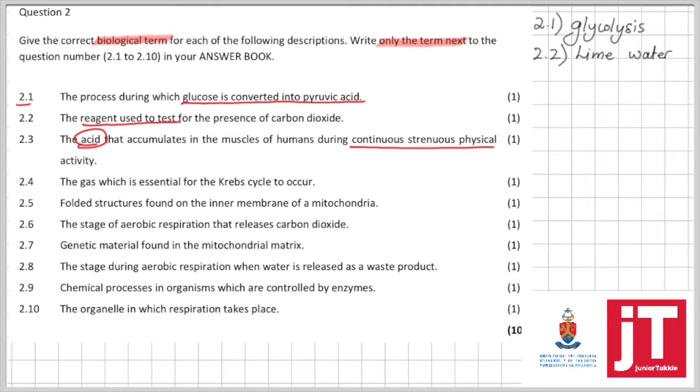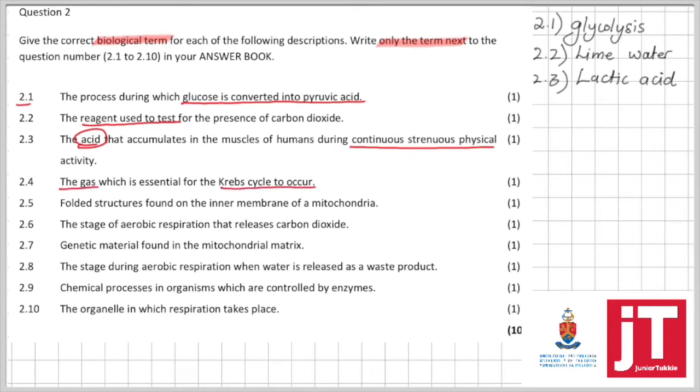In our study of cellular respiration, lactic acid is the product of cellular respiration when not enough oxygen is present. So you'll know that in anaerobic respiration, the product is lactic acid. And this says continuous, strenuous physical activity. So we can assume here they're referring to anaerobic respiration because it's continuous and strenuous. And therefore, I'd be quite confident in saying that we're looking for lactic acid as an answer here.